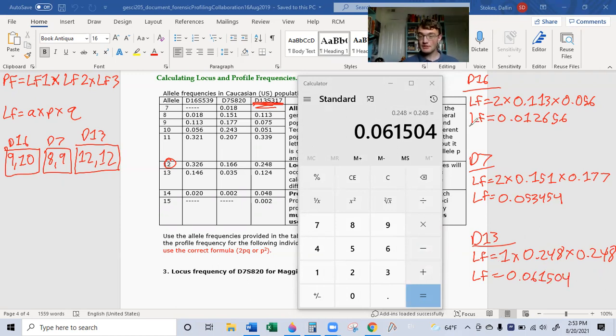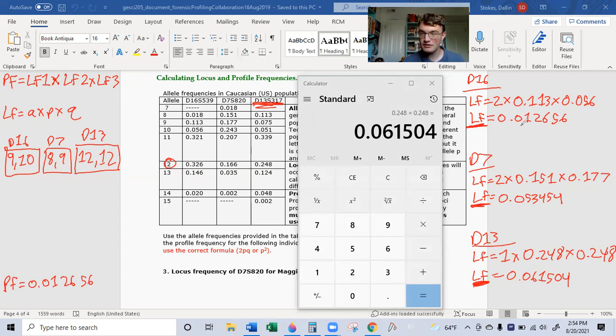Okay, so there's my 3 locus frequencies. There's locus frequency 1, locus frequency 2, locus frequency 3. So now we have to calculate the profile frequency. You take locus frequency 1, multiply it by locus frequency 2, multiplied by locus frequency 3. So we're just going to take these 3 locus frequencies and multiply them together. So our profile frequency will be locus frequency 1, which is 0.012656.